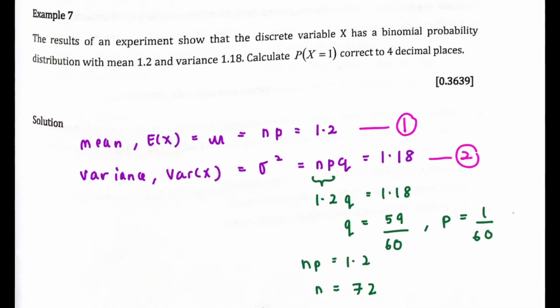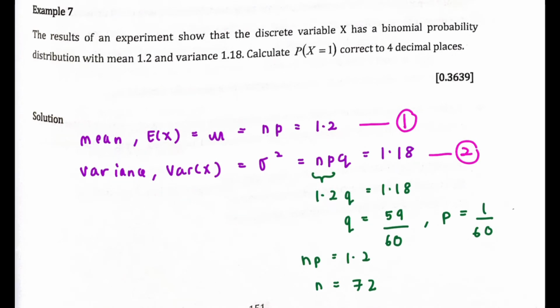Okay, look at example number 7. This is another pattern of question. The results of an experiment show that the discrete random variable X has a binomial probability distribution with mean 1.2 and variance 1.18. Calculate P(X = 1), correct to 4 decimal places.